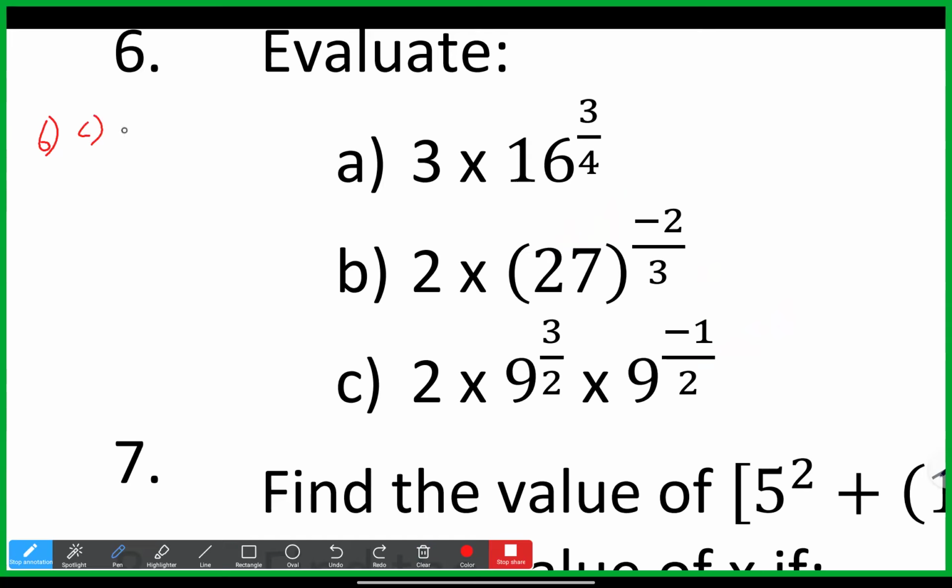So the question is 2 into 9 power 3 by 2 into 9 power minus 1 by 2. So Ashwa, can you tell now these two, which law can we apply?